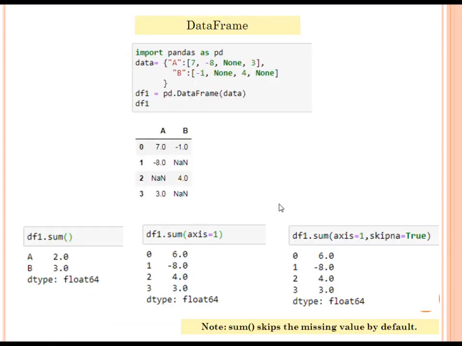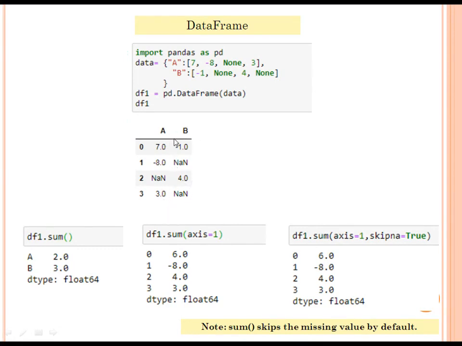Now see the data frame. The data frame is this with NaN values and the negative values. Now I have done df1.sum. When I write df1.sum, it means it is axis equals to 0 and it will show me the sum column wise.